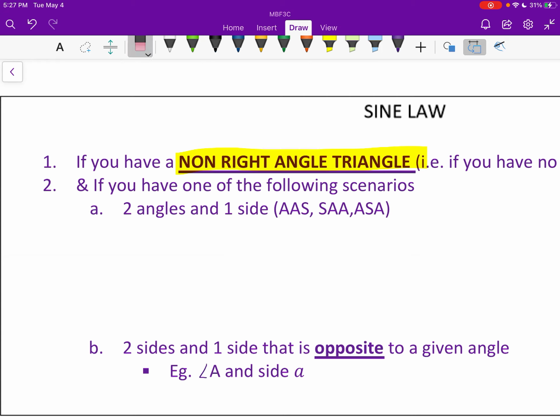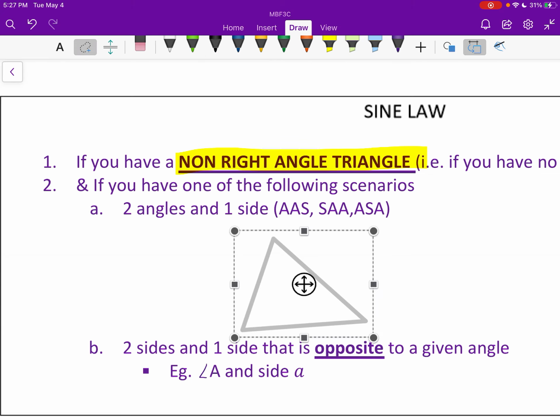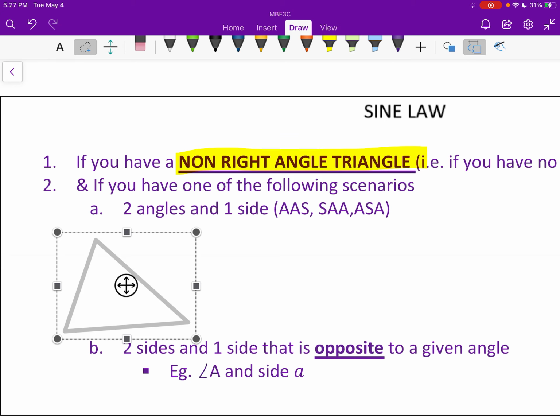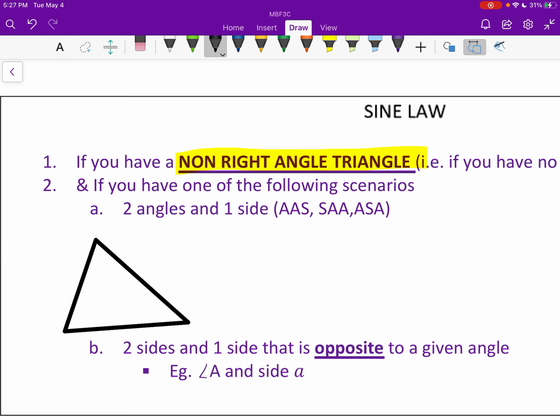I'm just going to draw in our angles here. So say you have 20, 60. You're given an angle, and then you're given the corresponding side. So you're given this side, and you're missing the rest, or any side for that matter.